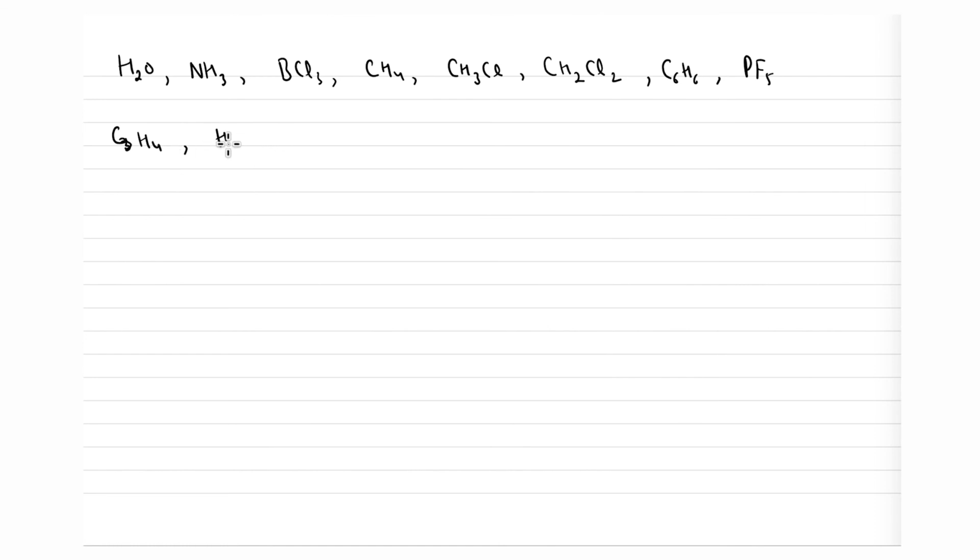Then H2O2. Then C2H4. C2H2Cl2, and you can do both cis and trans conformations. Then we have staggered.